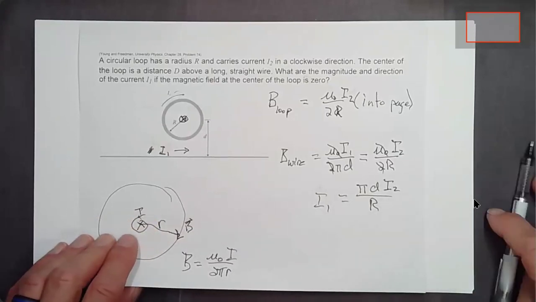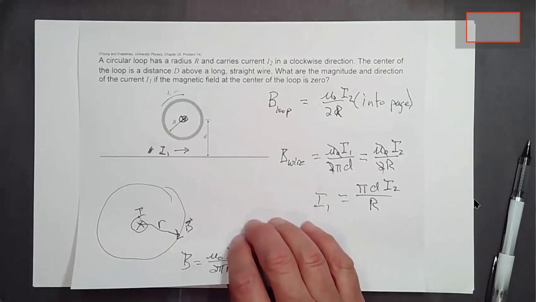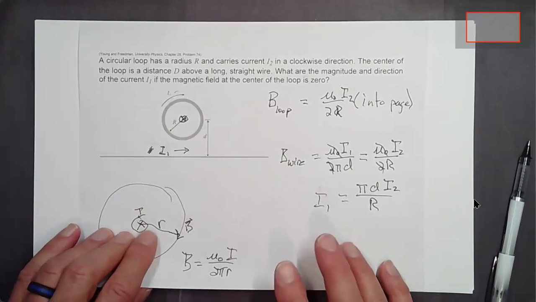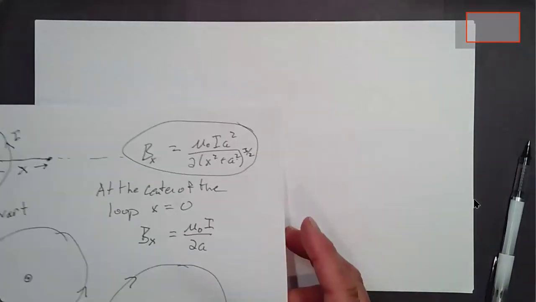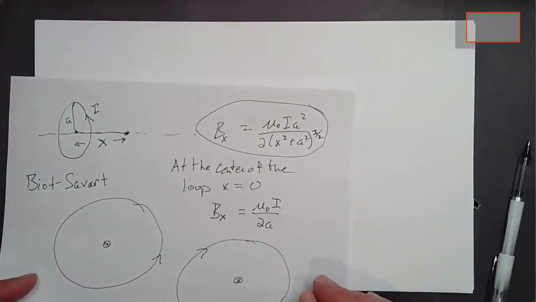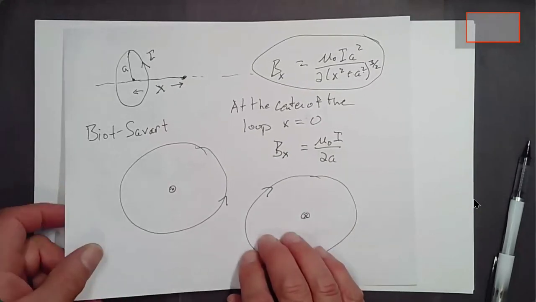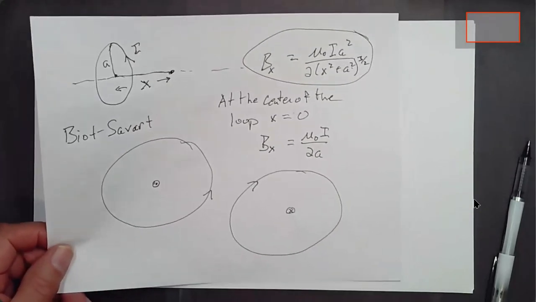It's good practice using the Biot-Savart law and cross products to derive it for yourself. But I remember when I was studying for the physics GRE, the graduate record exam, I practiced doing that, and then there wasn't anything related to it on the test. But that's okay. No scholarly effort is ever wasted.